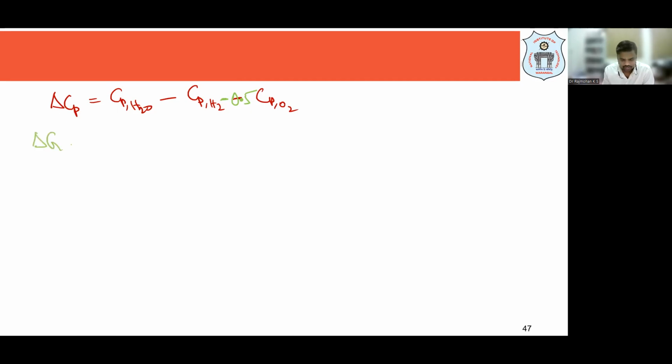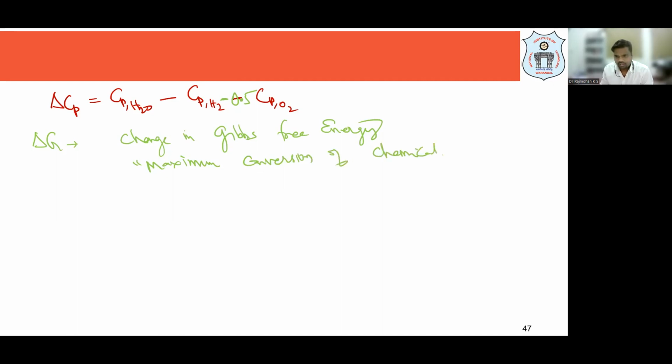So this delta G what we have discussed is the change in Gibbs free energy, and it relates to the maximum conversion of chemical energy to electrical energy for a given reaction.